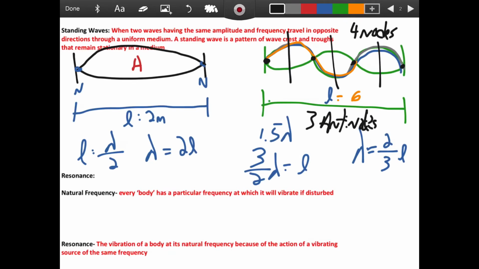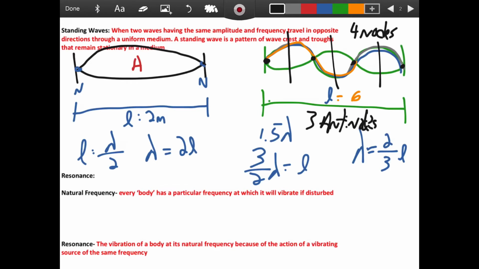And then I'm going to post a video that's pretty cool about resonance, but every body of matter or object has a particular frequency at which it will vibrate if disturbed. One thing I always think of when I'm thinking about this natural frequency, because it's very easy to visualize, is a tuning fork. No matter how you strike that tuning fork, once it starts producing that noise and vibrating, it's going to be vibrating at that particular frequency.